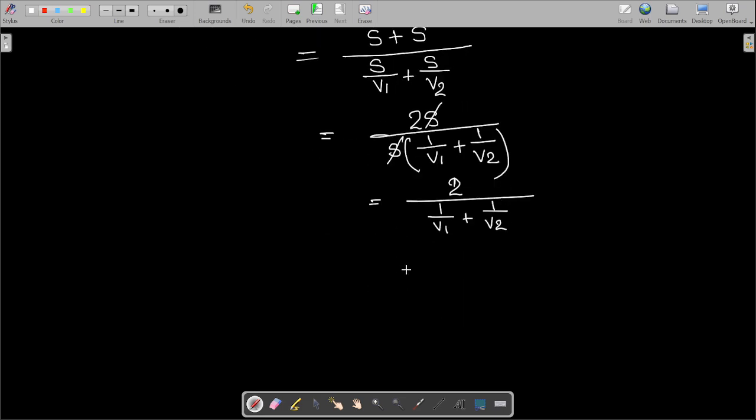Now take the LCM here and throw it upward, so it will be, I am doing step jump, so I hope you can understand it. That is v1 v2 upon v1 plus v2, that is v bar. Understood this?